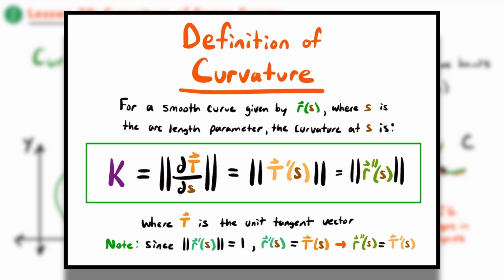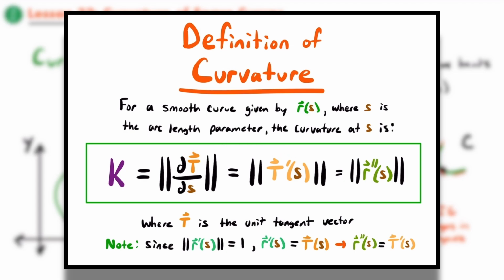Now remember, the bottom line here is this. Mathematically, we think of curvature as a measure of how the tangent is changing with respect to the arc length. That is why we have dT/ds. dT represents the change in the tangent, and ds represents the change in the arc length because s is the arc length parameter.